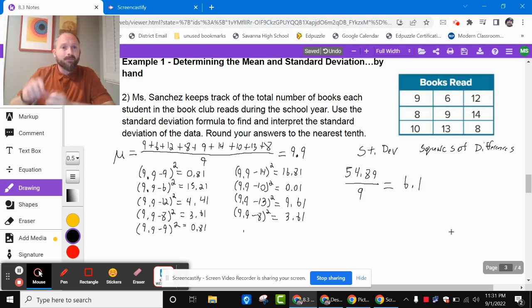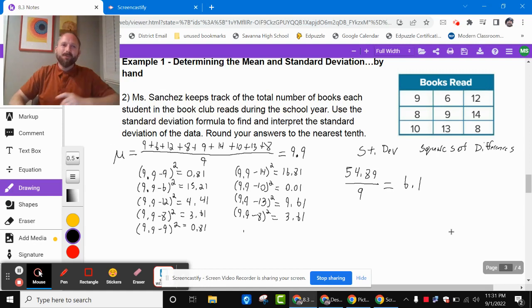So what did we do? Just like we did the mean, we added the sum and then we divided by the total number. But what did we do to each of these numbers? It involves an exponent. We squared it.